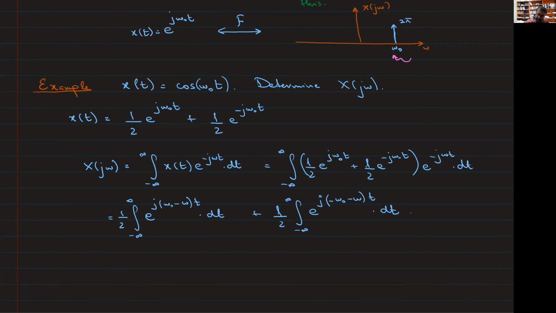Now, what is this equal to? We found out what this is equal to, right? Excellent. Right, Ibrahim already has the answer. So what is this equal to? This is equal to, as we just did up above, half delta omega minus omega naught times 2 pi.